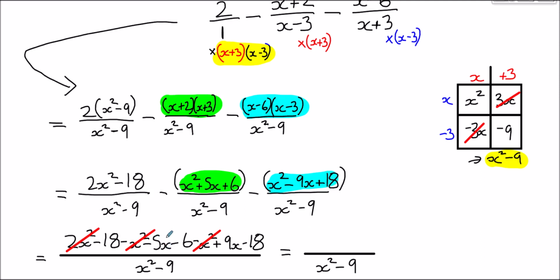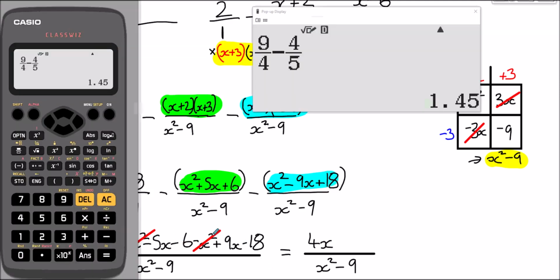So we've got minus 5x plus 9x. Overall, that gives us 4x. And then the constant term on its own, if I take away 18, minus 6, and minus another 18, let's see what that gives us. So minus 18, minus 6, minus another 18, that gives us minus 42.